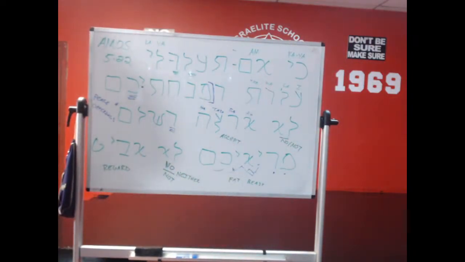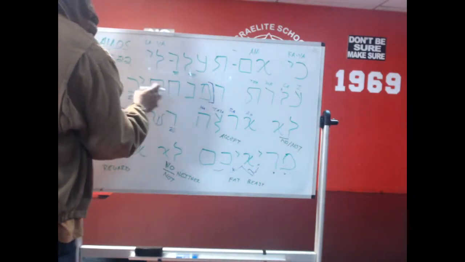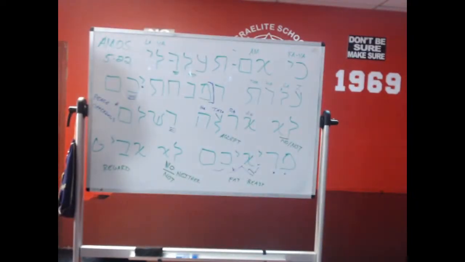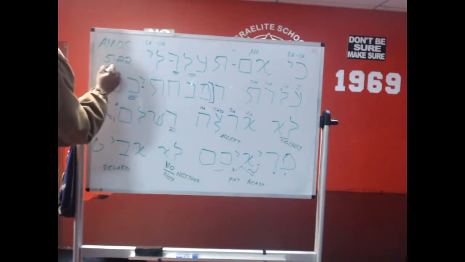Very good. We went over another word. We said wa mana kathikam, and that is meat offerings. Meat offerings.